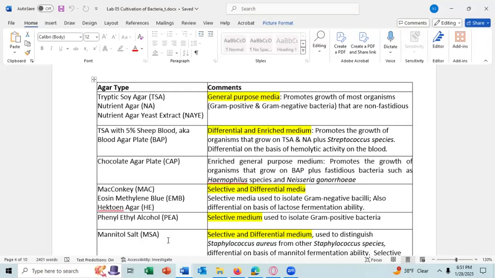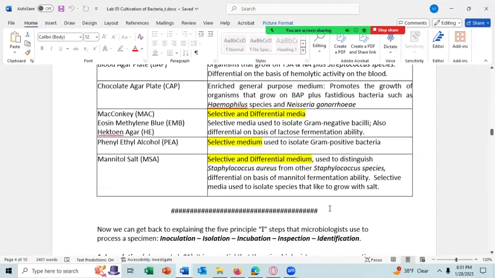So something that likes salt can grow on mannitol salt agar. Something that doesn't like a fairly high salt concentration will not grow on mannitol salt agar. It's also a differential medium plate because you can differentiate between the fermentation of the sugar mannitol and the species which cannot ferment that sugar mannitol.